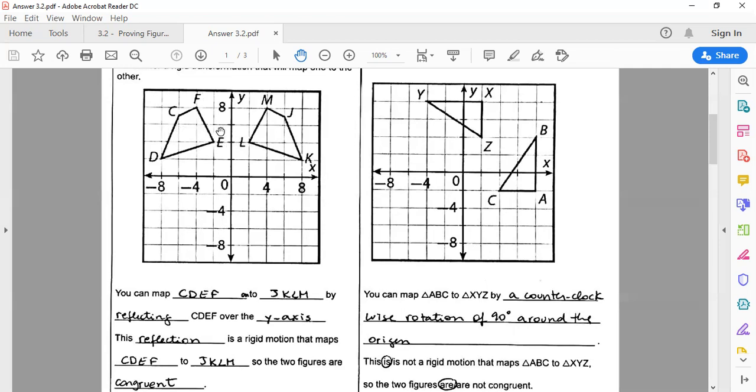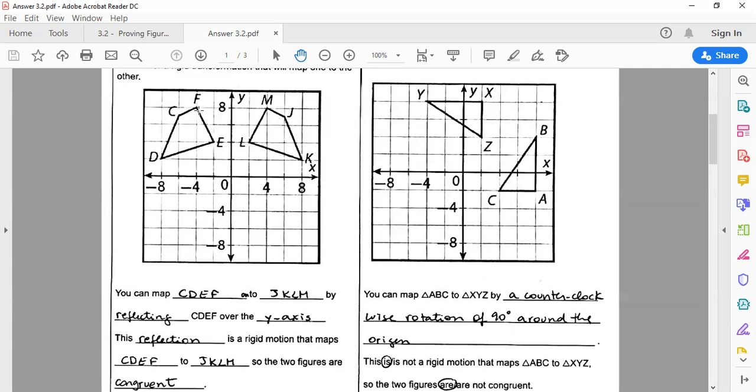But now we have to show, if we were to flip one image on top of the other, across the y-axis, notice that point E is going to fall exactly where L is: 1 unit away from the y-axis, and L is 1 unit from the y-axis.